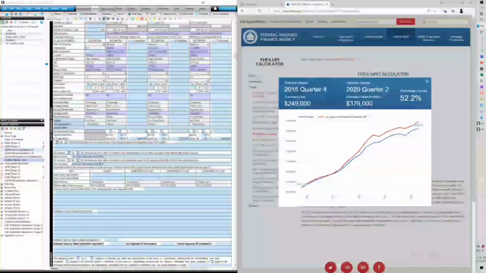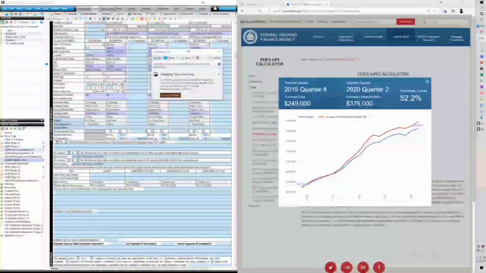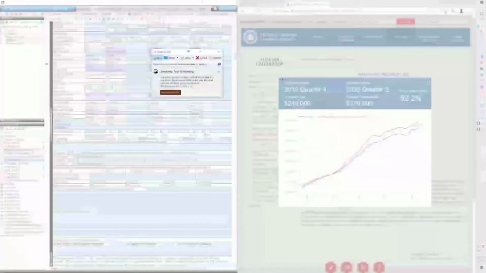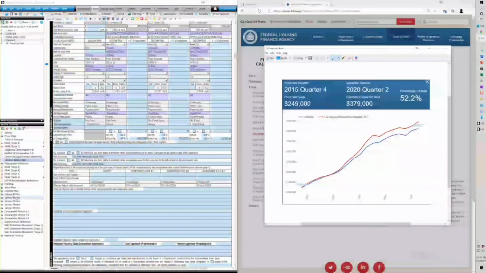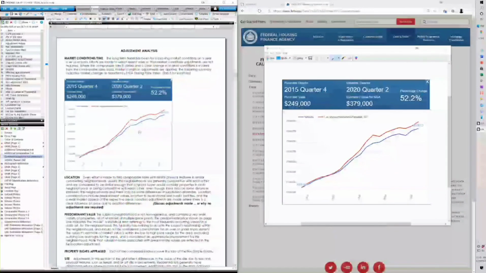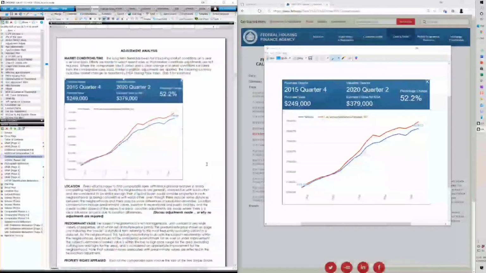I can now copy this if I want to, and take my little clipper, identify it, copy that, go into my comment addendum, paste that in, size it where I want it, and use that as a secondary approach to demonstrate the general trend in that market area.